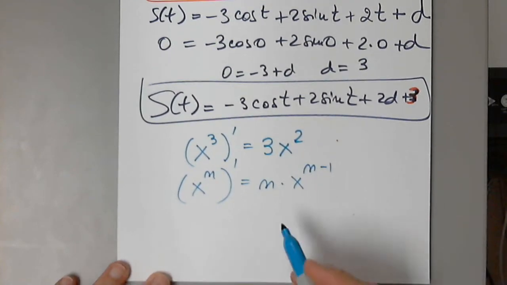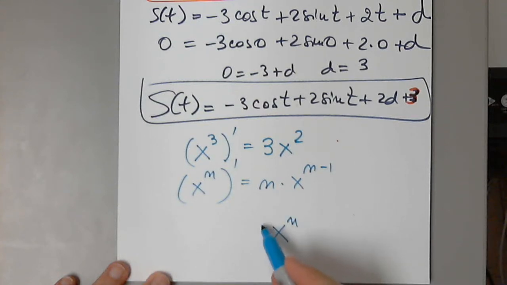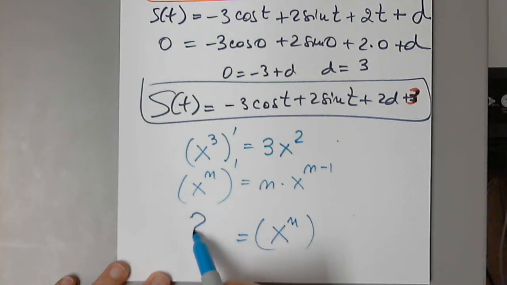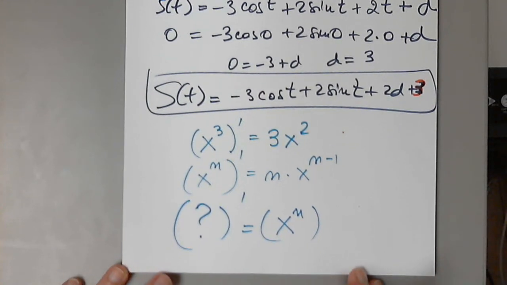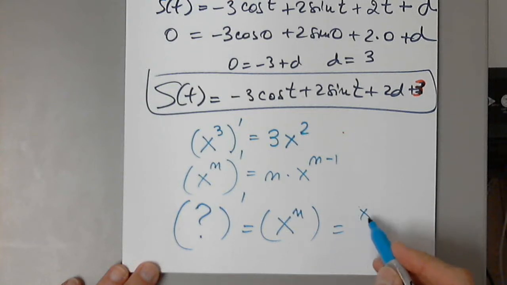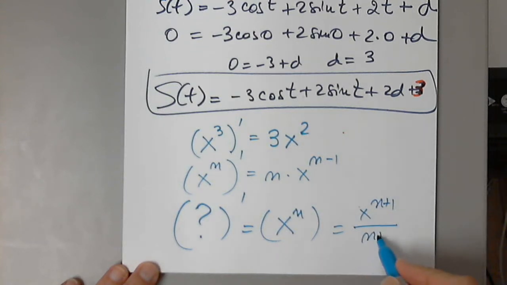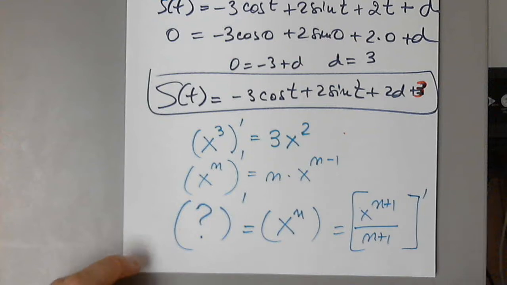Very good. But now I want to find the function whose derivative is x to the n. Which function do I differentiate to get this? x to the n plus 1 over n plus 1. Indeed.